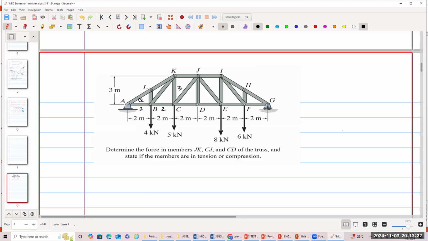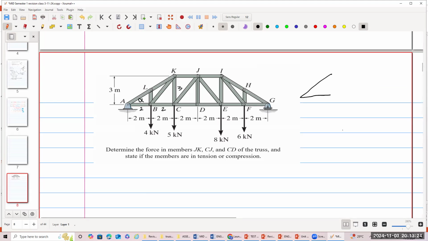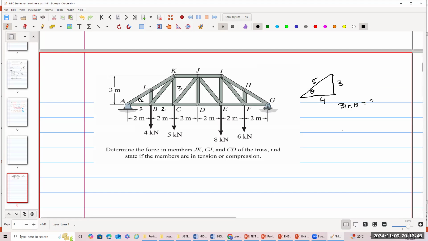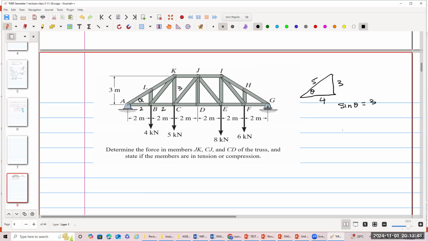So right there now we see a triangle. Look at the geometry carefully first, guys, before you start the problem. So this is 3 and this is 4. So this is 5. There's a ratio there. So the angle here, theta, you could say that sine theta is equal to 3 upon 5, right?